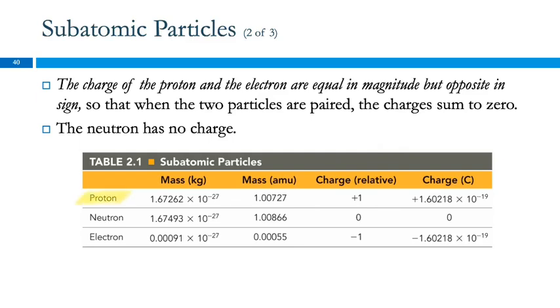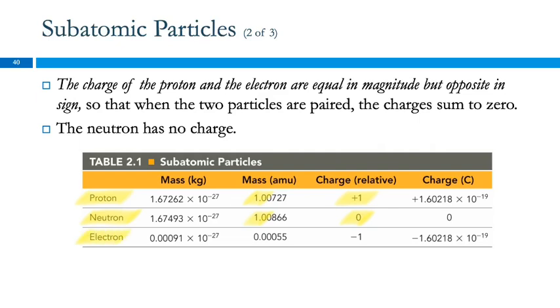So the proton has a mass of 1 atomic mass unit. You don't need the 727 part. And its relative charge is +1. The neutron also has a mass of 1 atomic mass unit, and it has 0 charge.